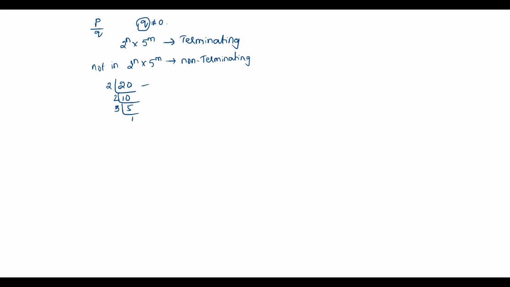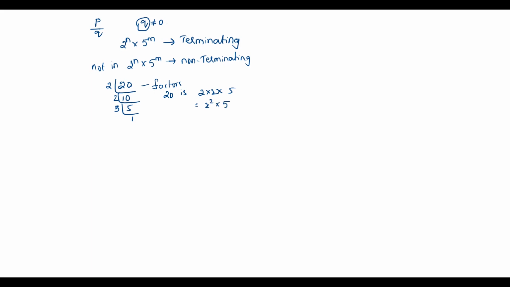Here the factors of 20 are 2 into 2 into 5, which is 2 square into 5.